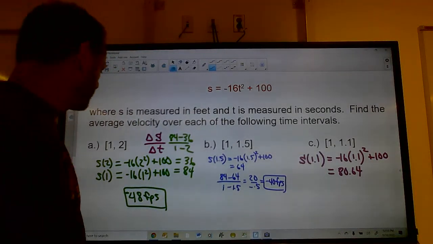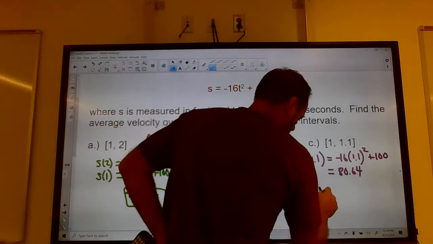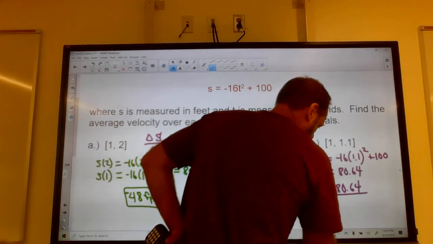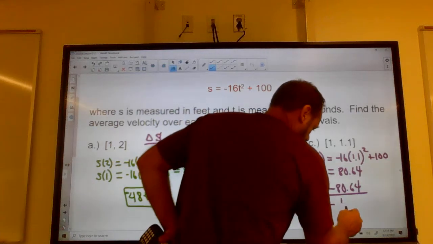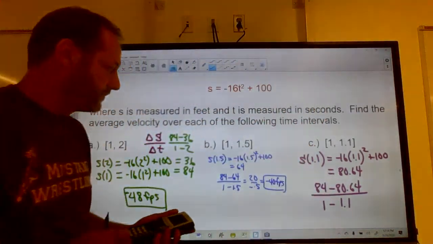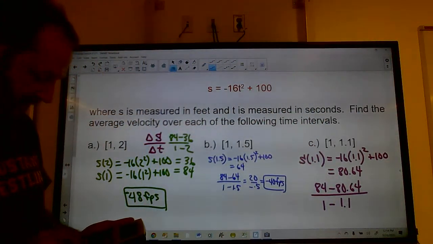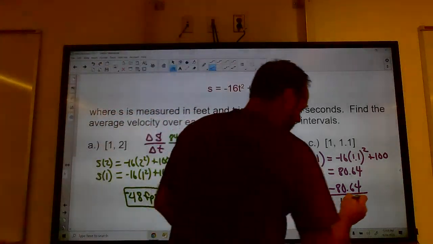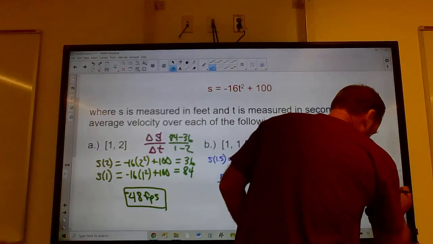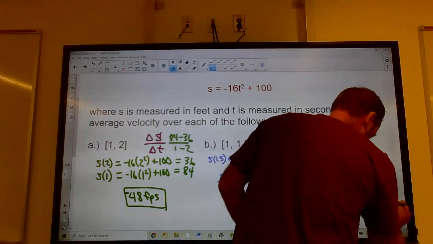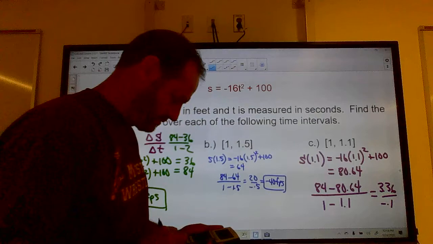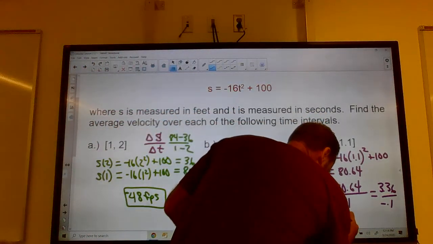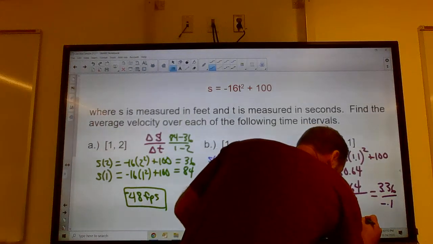Okay, so I'm going to take 84 minus 80.64 over 1 minus 1.1. So 84 minus 80.64, that's 3.36, divided by negative 0.1, and I get negative 33.6 feet per second.